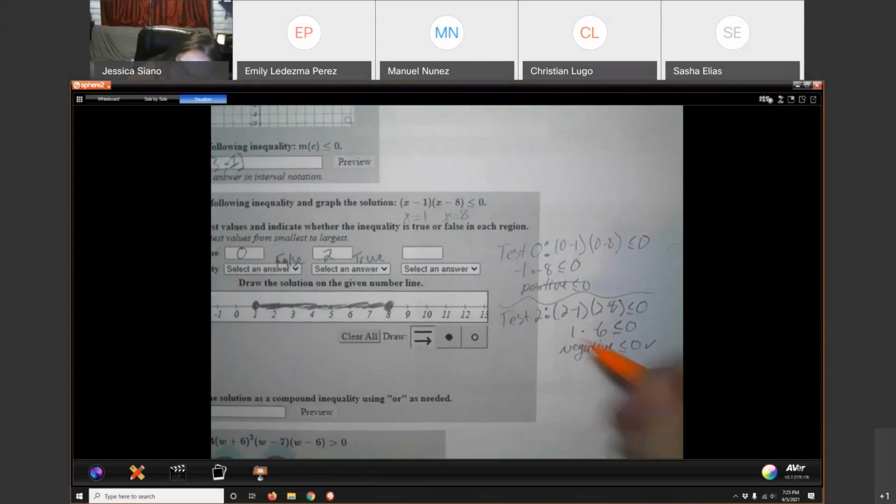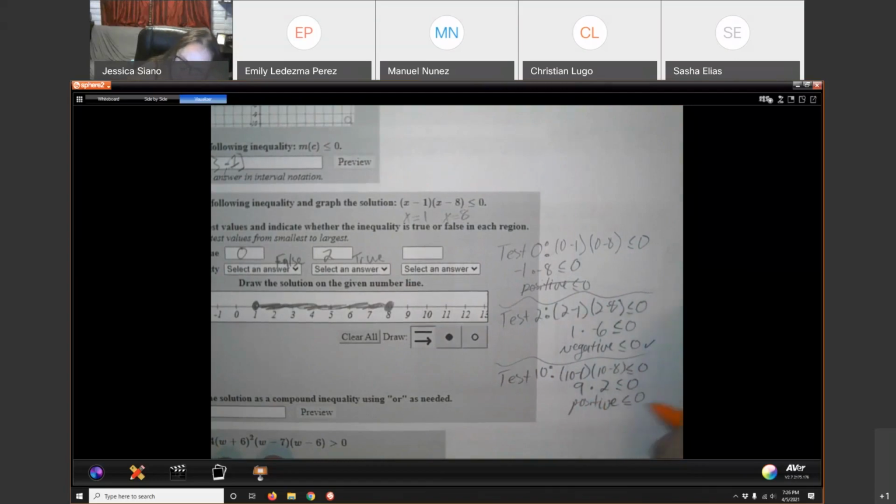All right. Now let's test a number greater than 8. How about 10? So 10 minus 1, 10 minus 8. That's going to be 9 times 2, which is going to be positive.